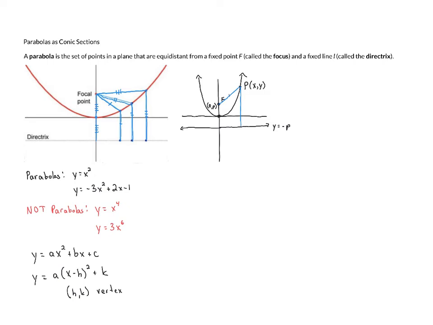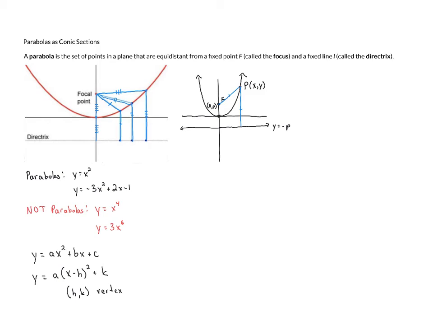Now, it is likely that whenever I do these drawings, these distances won't look the same. And this is because I'm not a robot that can draw perfect parabolas. My parabolas are not going to be perfect, and so they're not going to look exactly like we would want. But this is what we know must be true. These distances have to be the same if we've drawn a true parabola.